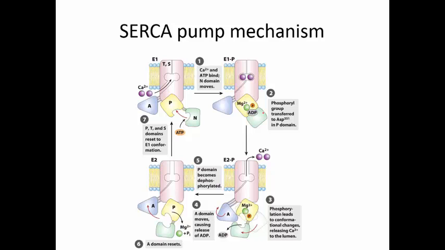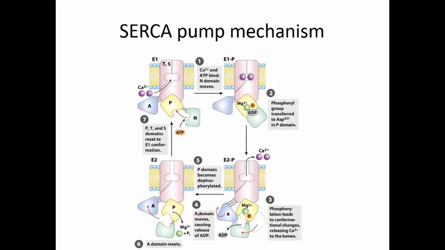And then this guy gets cleaved into ADP, and the phosphate gets moved onto the phosphorylation domain. That causes a conformational change again of everything moves, and that opens up this channel. So the calcium is going to flow on out. And that also then is going to cause the actuator domain to move, causing the ADP to get released.